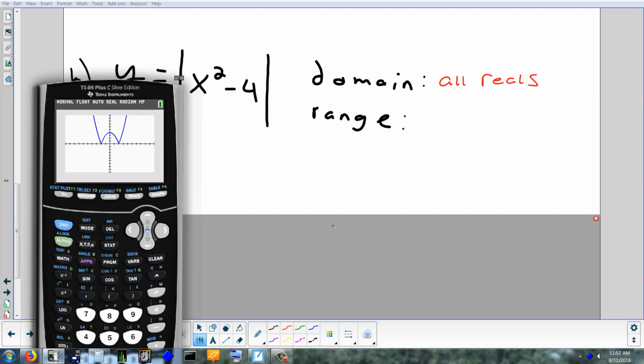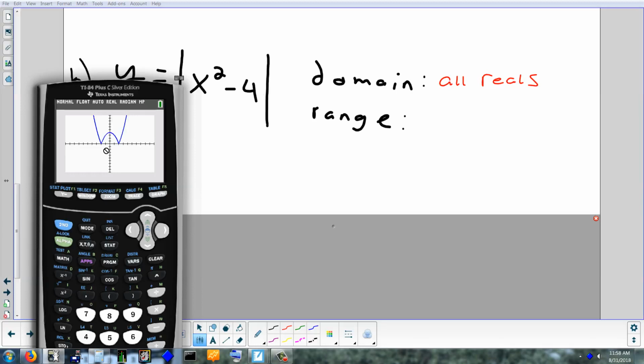What's the lowest value that it looks like it hits? Negative 4 would be right down there. Remember, up to down. Not sure? Anyone help out? Yeah, 0. It doesn't go into the negatives.